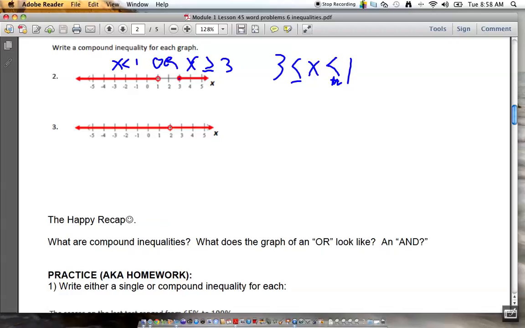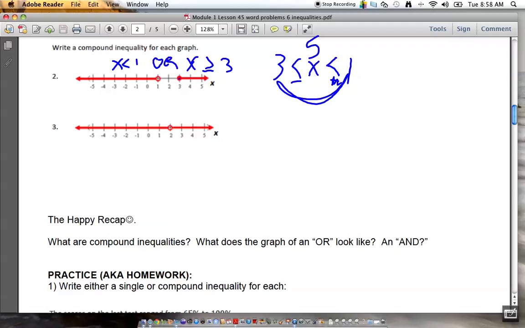What number is 3 less than, and that number is also less than 1? There are none, right? Because if you say, oh, 3 is less than 5. Great. Is 5 less than 1? No. So it can't be. When you're going to write a bounded interval, you have to switch the 1 and the 3. It has to be from smallest to biggest.